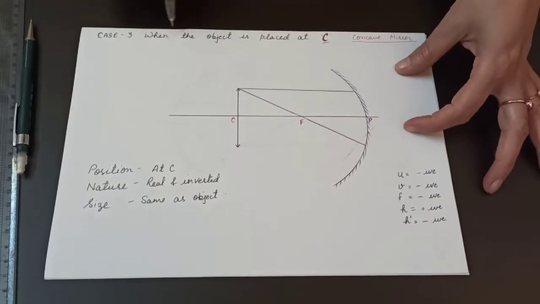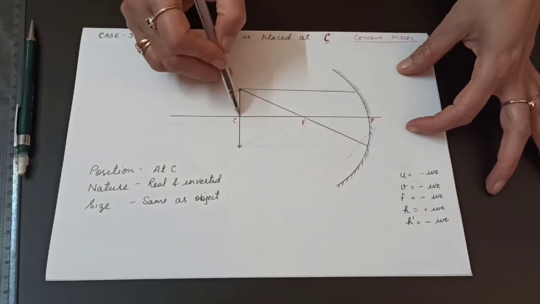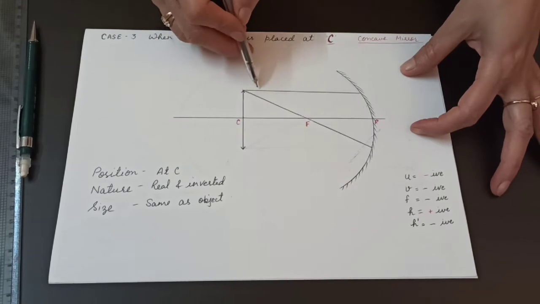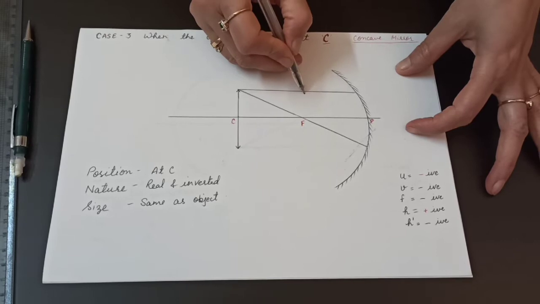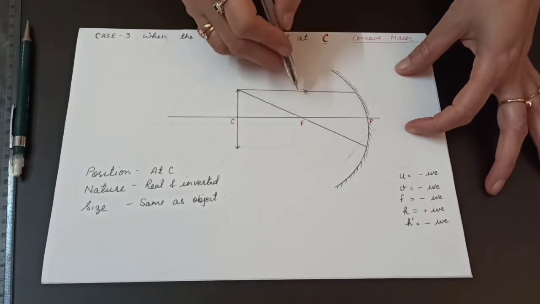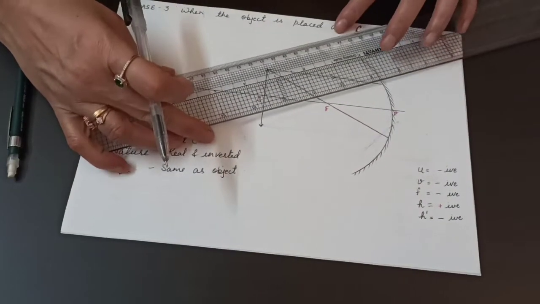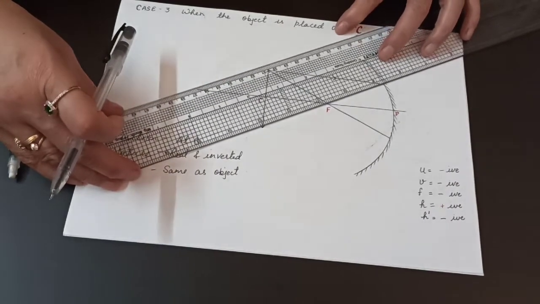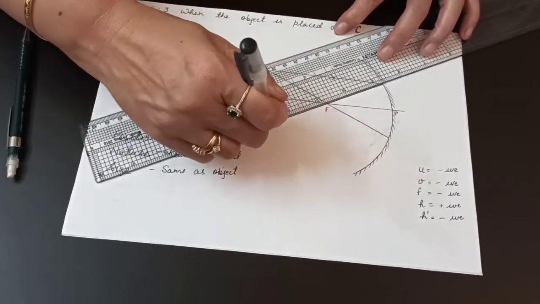This is the third case when the object is placed at C. You can see the object is at C. This is the ray that is incident in the direction, and it is parallel to the principal axis. So as earlier, it will bend in a way so as to pass through focus.